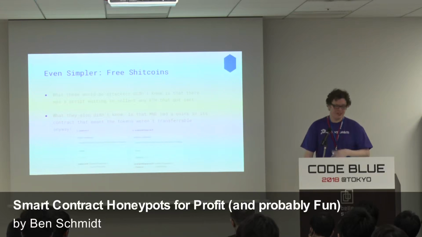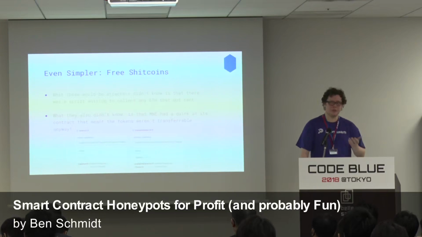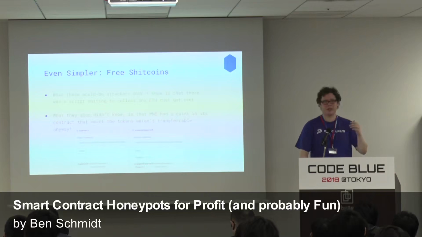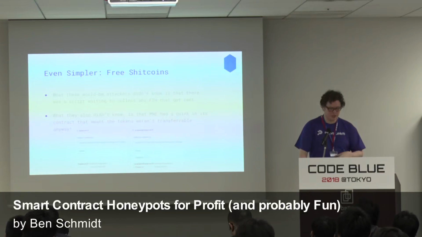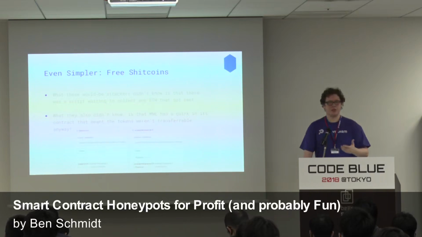In addition, the particular token that they had chosen has a quirk in its ERC20 contract. Now, all the tokens on the Ethereum network generally follow ERC20, which is a standard contract ABI for interacting with these tokens. One of the functions that they have is called balance of. That's supposed to tell you how many tokens this particular address owns.